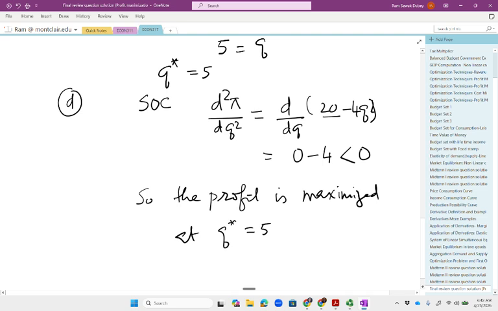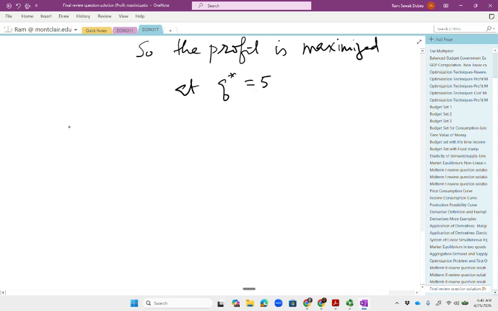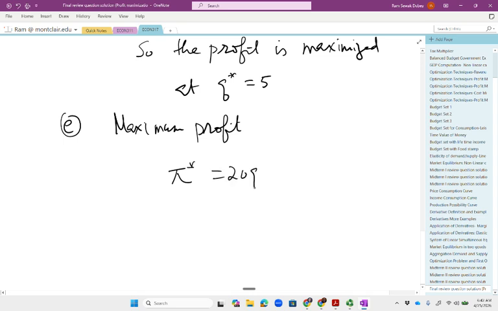Now I can go ahead and compute the profit as well. So the maximum profit pi star is 20q minus 25 minus 2q square, where I will plug in q star equal to 5. So 20 times 5 minus 25 minus 2 times 5 square.